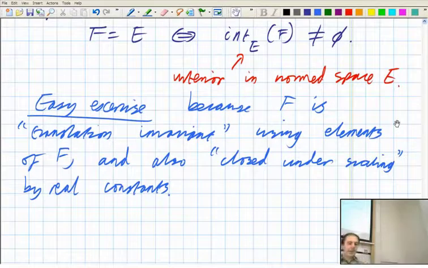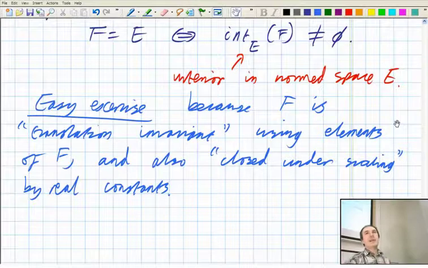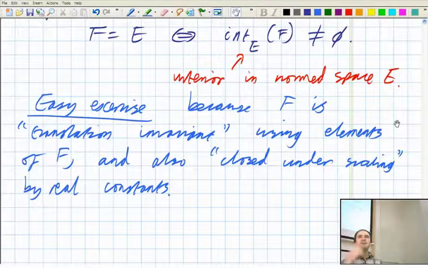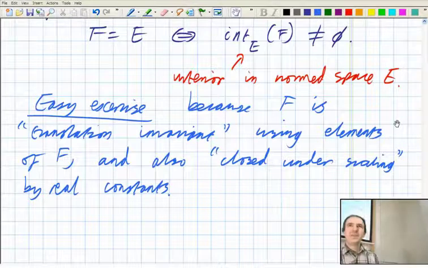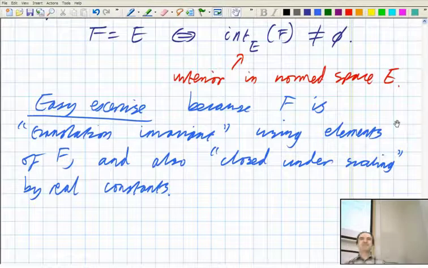What do I mean? It means that if I find a little open set somewhere inside F, I can translate it using a vector in F. I can pull that neighborhood back and get a neighborhood of the origin. Then I can start scaling that neighborhood of the origin up and up and up, and I quite quickly see that every point of E ends up inside F. So suppose you've got an open subset of E that's inside F. It's an open neighborhood of some point.